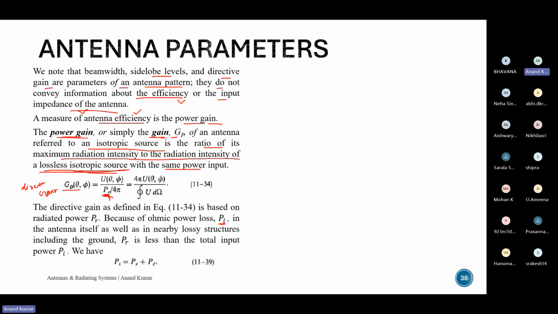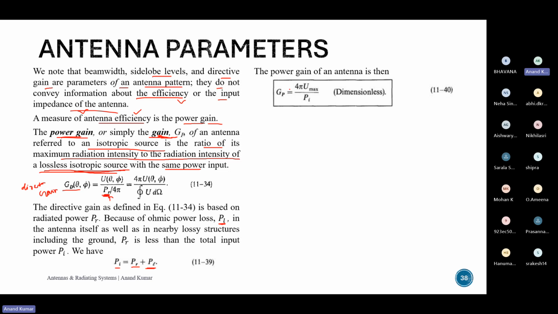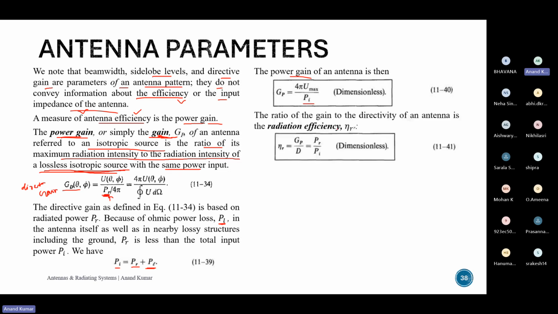Incident power is equal to the radiated power plus the power which was lost. So the expression for the power gain is 4 pi U max divided by the incident power instead of the radiated power.